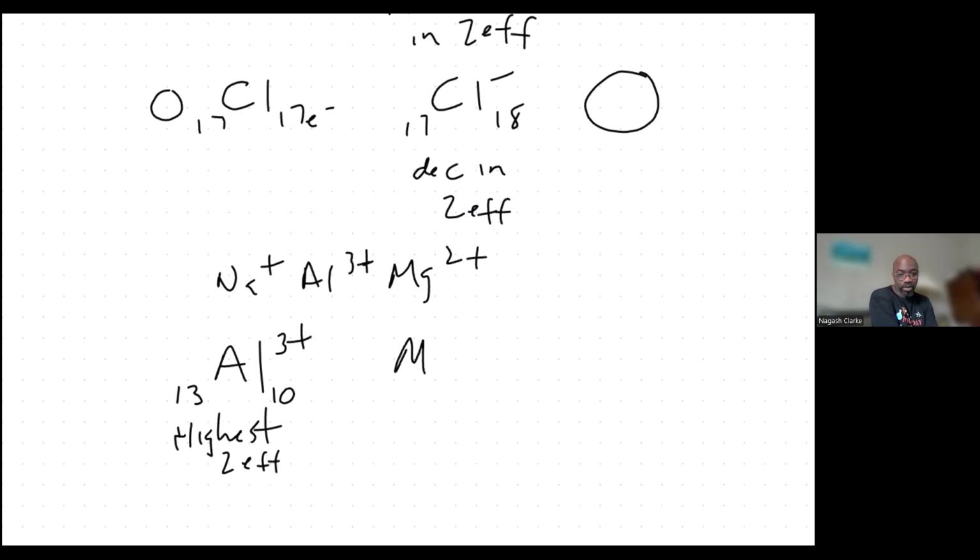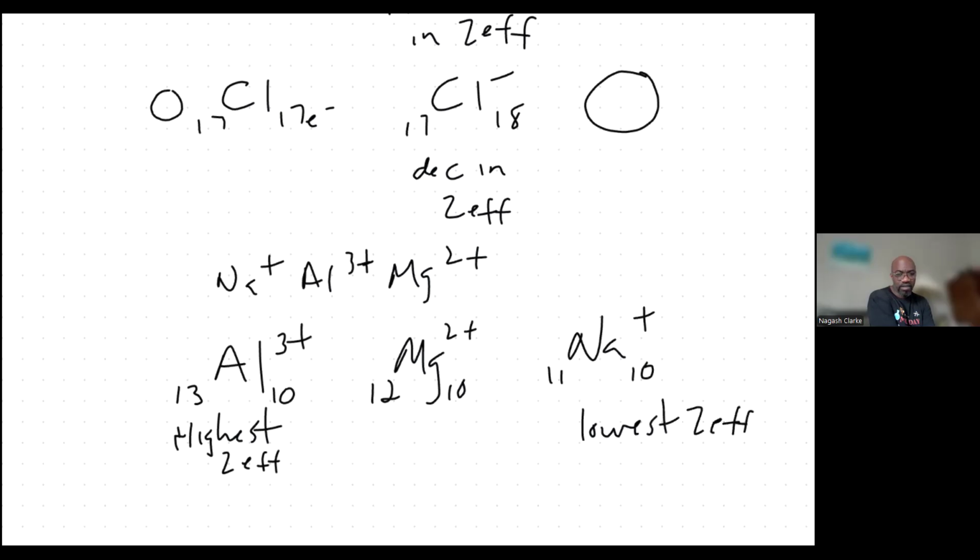Magnesium, 12 protons and 10 electrons, is next in line. Sodium, 11 protons and 10 electrons, has the lowest Zeff and is the biggest. So size increases: aluminum smallest, magnesium middle, sodium biggest.